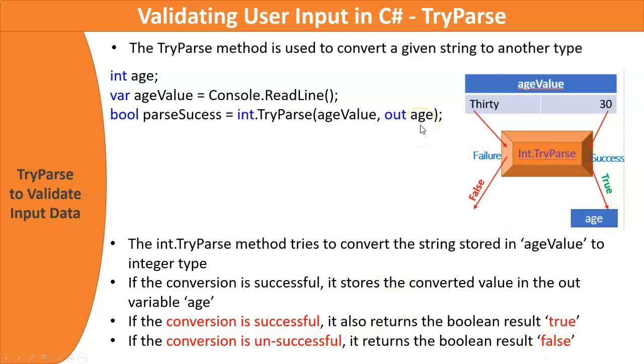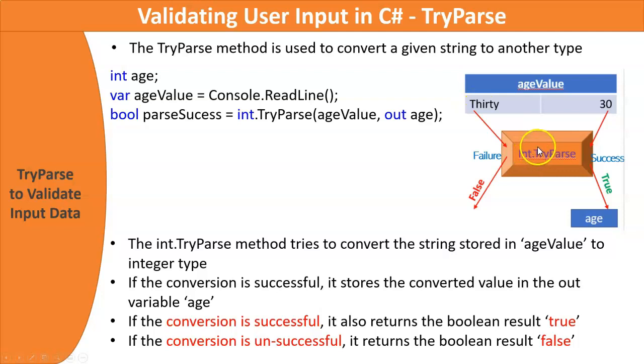Now consider, you are entering the text 30 in response to this Console.WriteLine. So the age value variable now has the text 30 in it. What happens to this TryParse method in that case? It will try to convert the text data that is present in the age value, which is 30, into an integer type data, but we know that the text 30 cannot be converted into an integer type data.